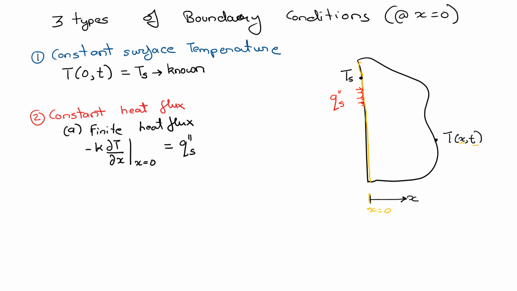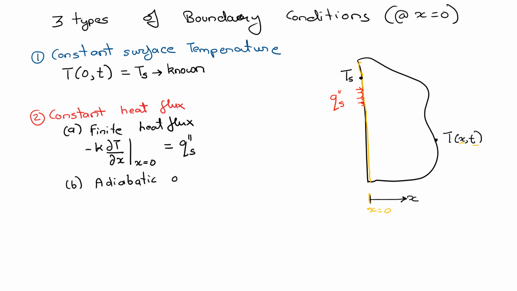What's the second type of constant heat flux? You can have no heat flux here. That means you may have a problem which says that you have insulation at one end, or one of your walls is adiabatic. What does adiabatic mean? It means there is no heat transfer, or no heat flux across that particular boundary.